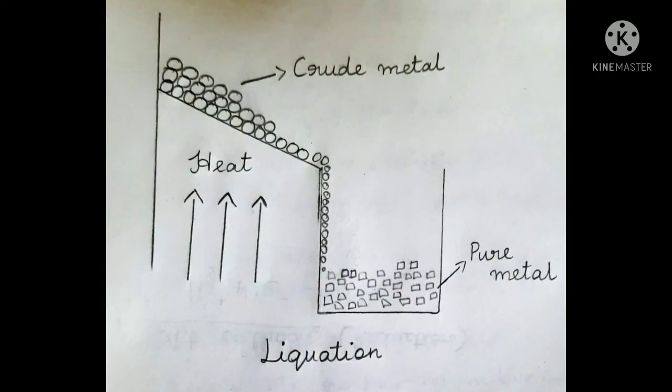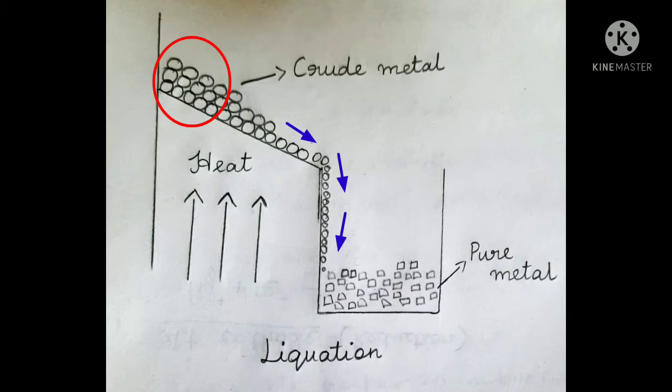The impure metal is placed on the sloping hearth of a reverberatory furnace, and it is heated. You can see the heating source there. When we do so, what happens? Since the metal has a very low melting point, it melts first and flows down. What will happen to the impurities? They will remain on top, since they have a very high melting point and will not melt first.